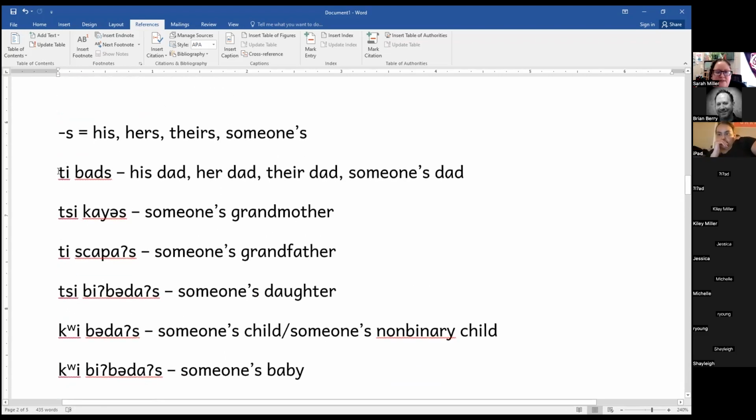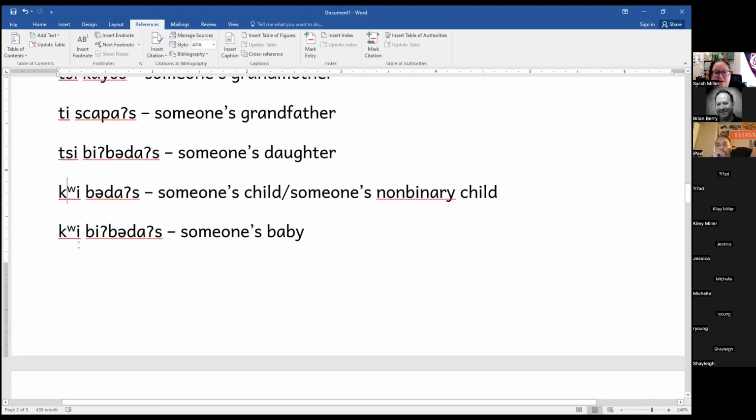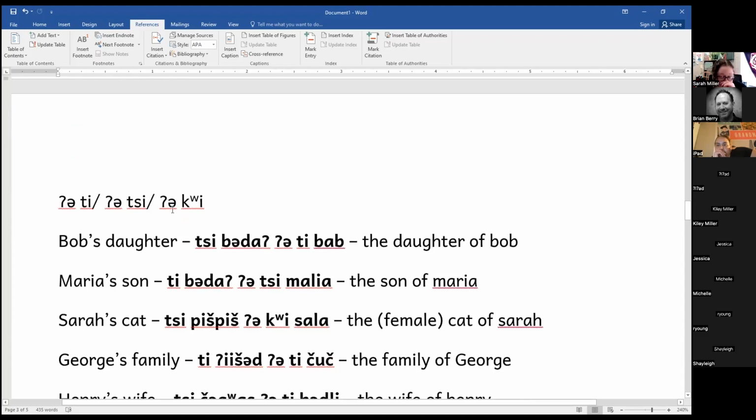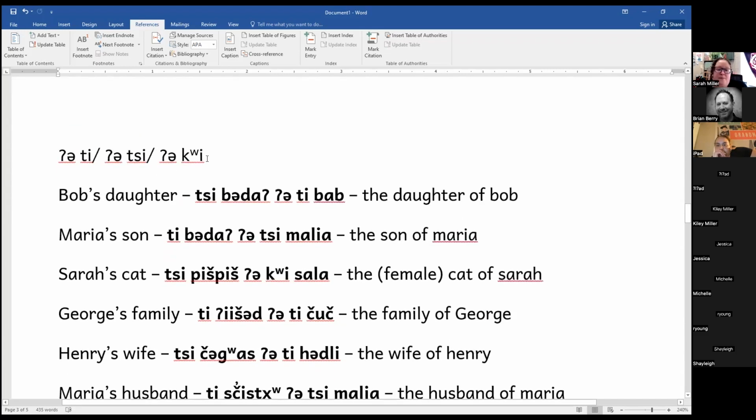We've got the S possessive: T bods, C kayas, T sapas, C beat badas. Oops. Qui badas. Qui beat badas. Then we have the utti, utsi, or utqui.